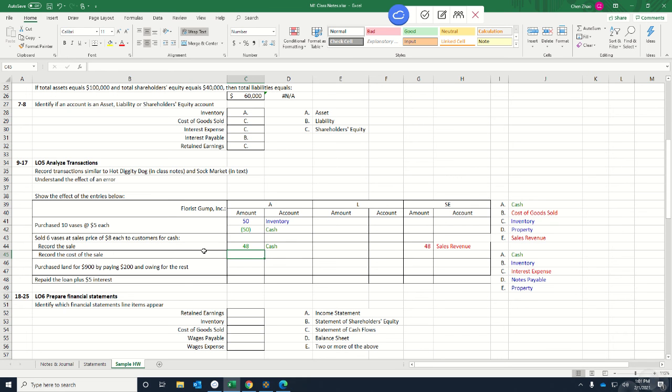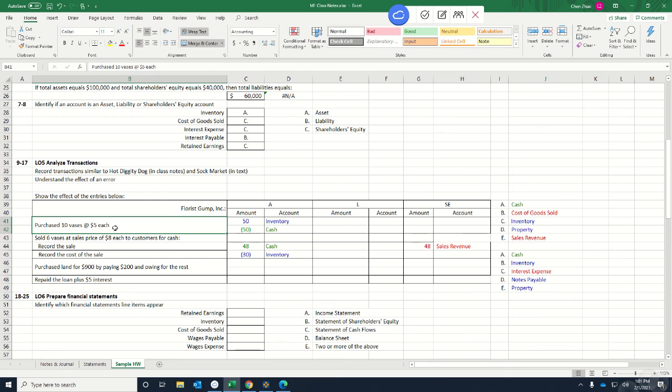How does your inventory change? Increase or decrease? Yes, decrease. So we do an inventory, and that's a decrease of how much? 6 vases. But how much? $30, right? Correct. $30. Does anyone know why it's $30?